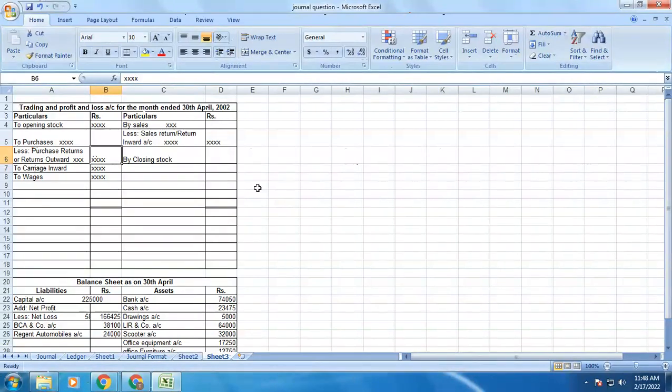Right? So the moment I write down by closing stock, I end up comparing the cost price of 105 units to the selling price of 105 units.